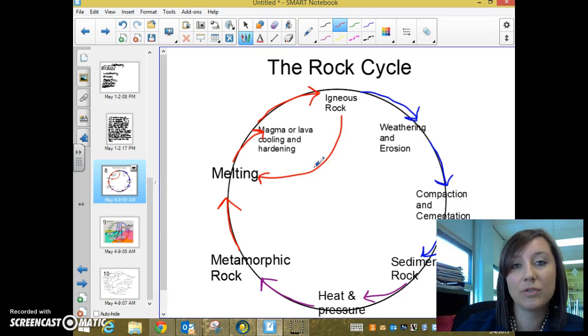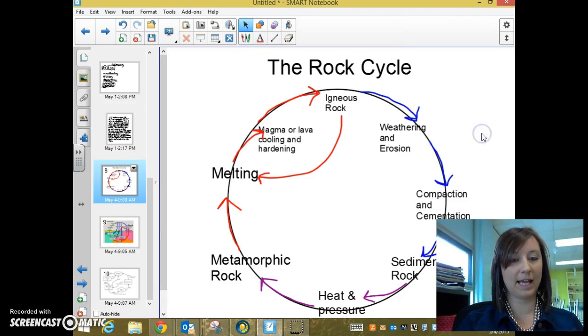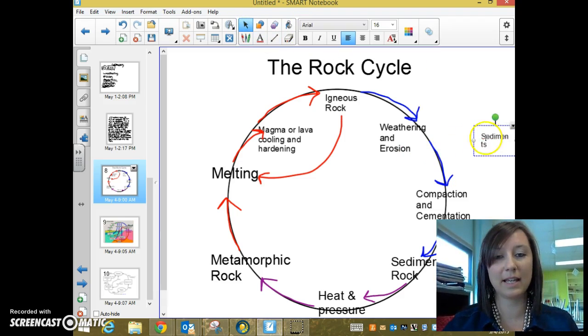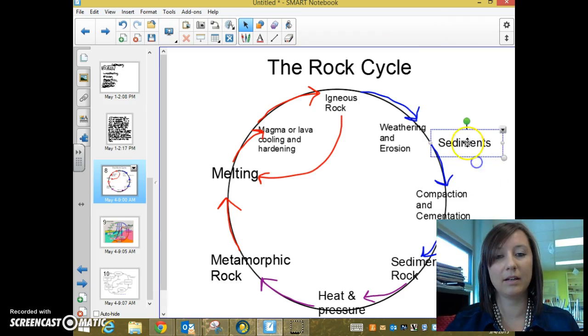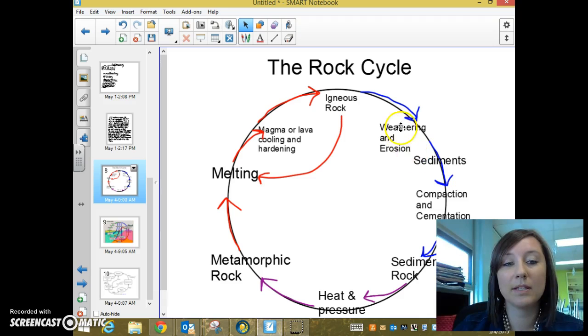If we have intrusive igneous rock like granite that gets pushed up to the surface, then we can have the weathering and erosion. What can happen here, though, is when we have weathering and erosion, and we should probably add in this keyword here, we get sediments kind of falling right in here. There we go. These sediments, once they're weathered and eroded, they can stay sediments.